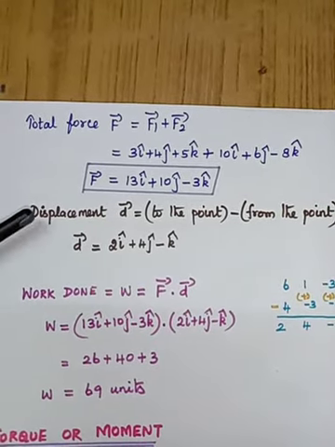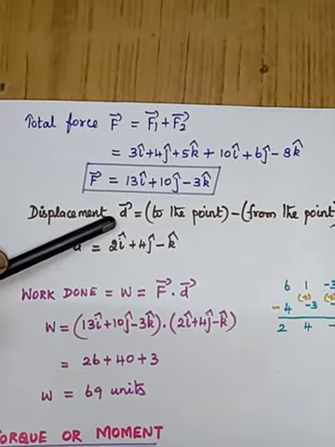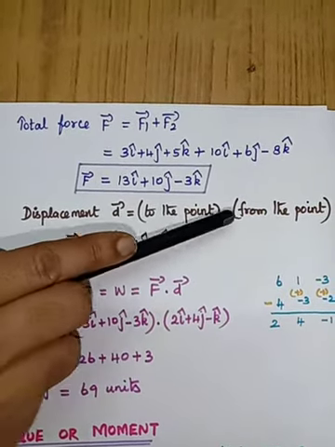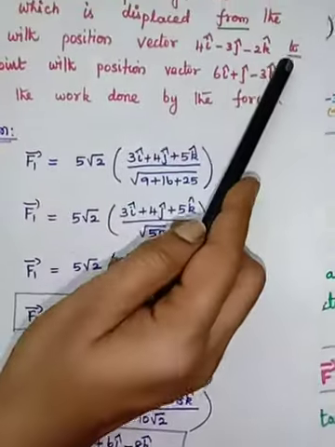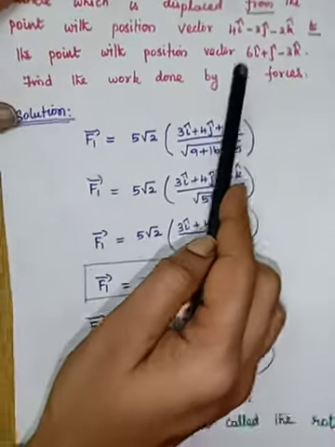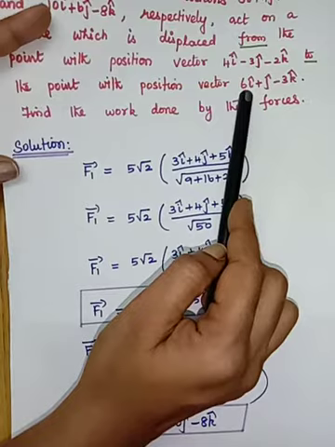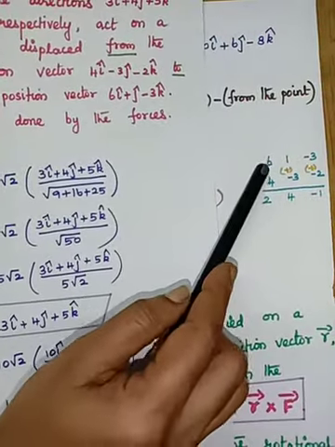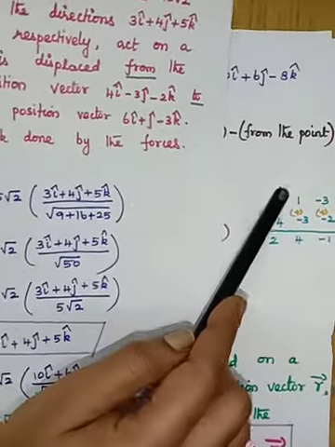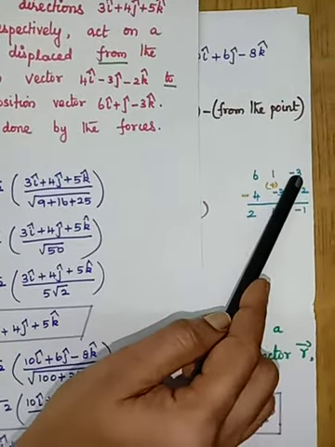Next you have to find the displacement. So displacement, what is the formula? To the point minus from the point. Okay, you see the words to the point with the position vector. So here position vector is given. In the rough work, I'm going to consider the points alone, components alone. So 6, 1, minus 3.